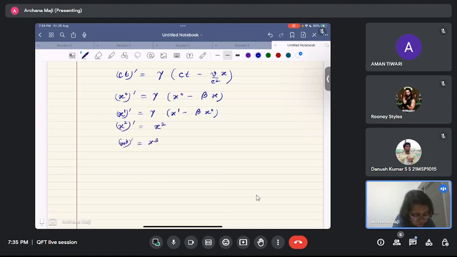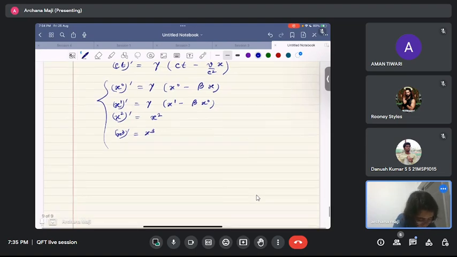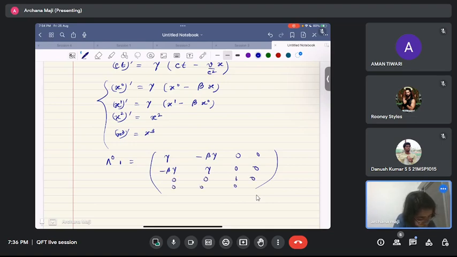So when you are performing a boost along x1, the corresponding matrix Lambda will be: gamma, minus beta gamma, 0, 0; minus beta gamma, gamma, 0, 0; 0, 0, 1, 0; 0, 0, 0, 1.